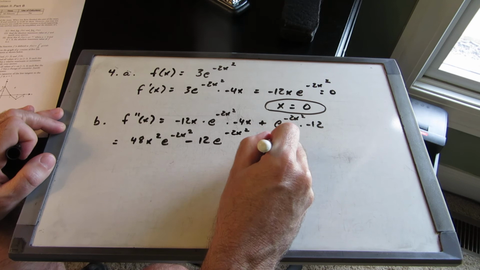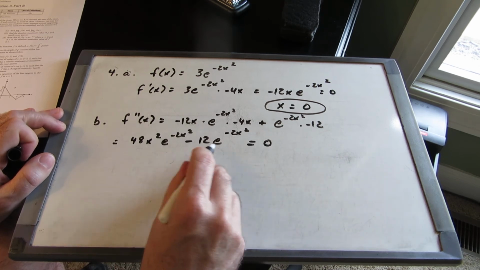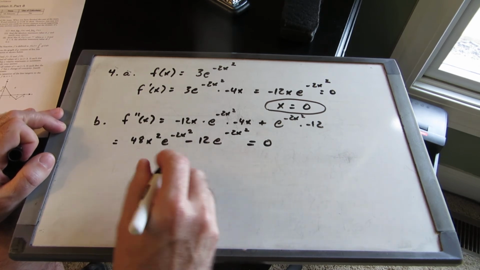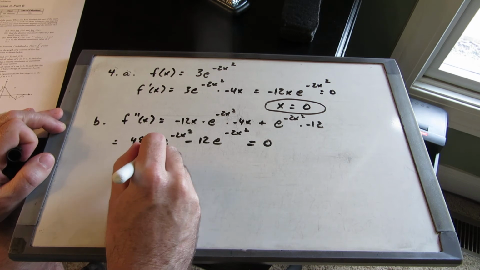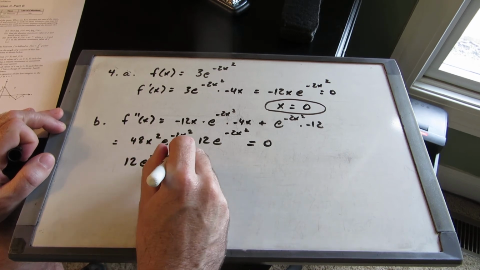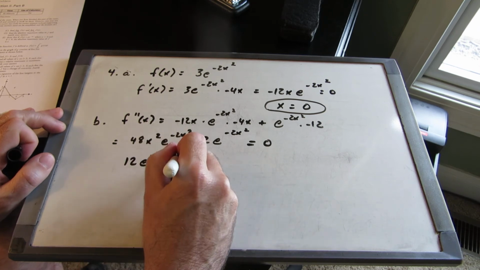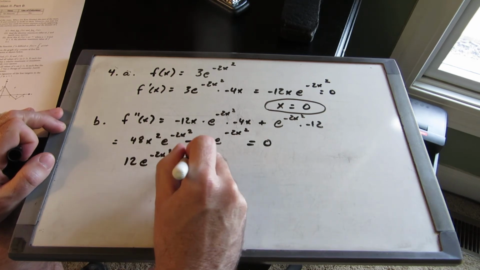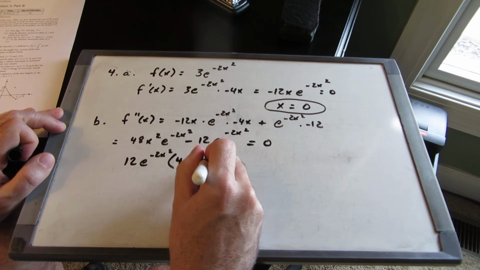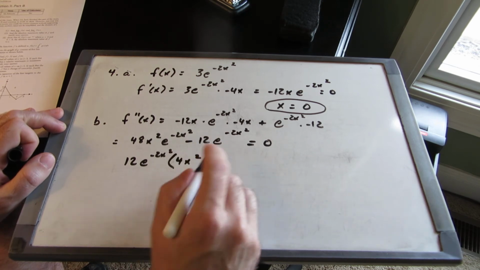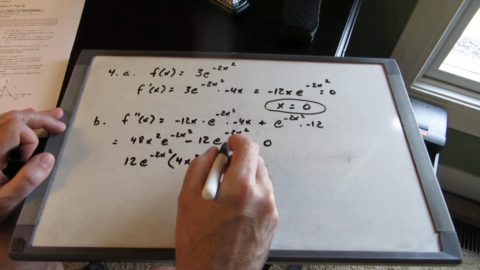Set that equal to 0. Let's factor out a 12e to the minus 2x squared. What's left? 12 will go into 48 four times, and you also have an x squared left. And then if you factor out a 12e to the minus 2x squared, that just leaves 1.